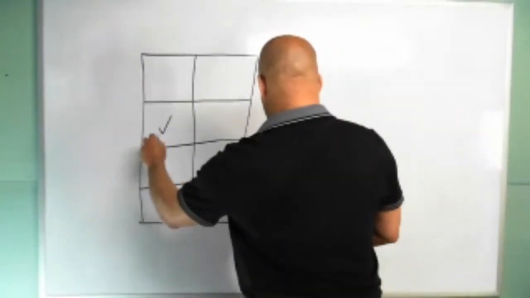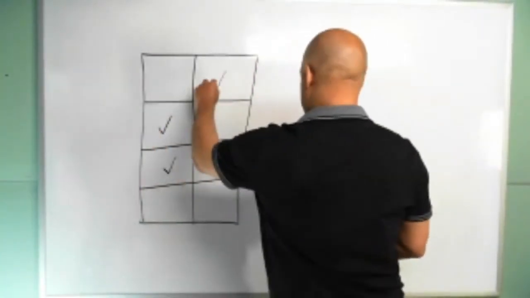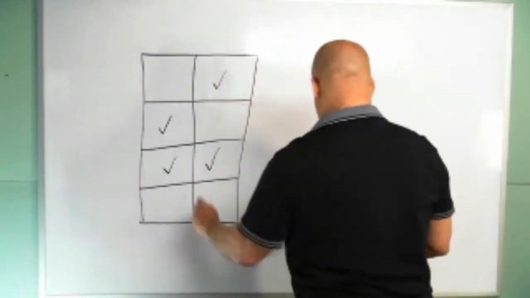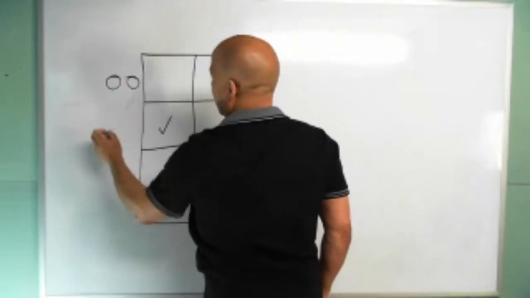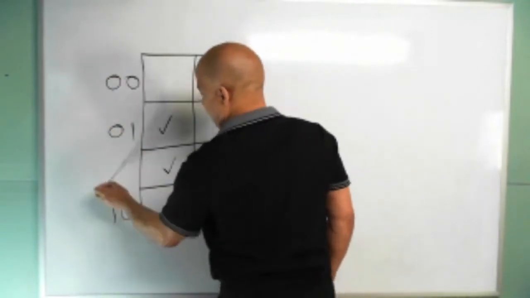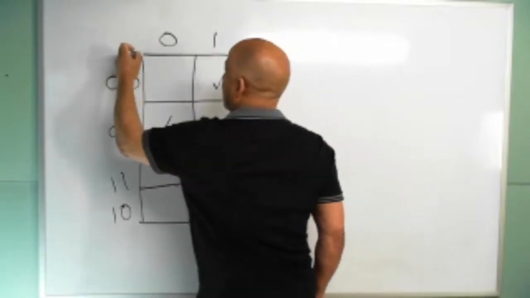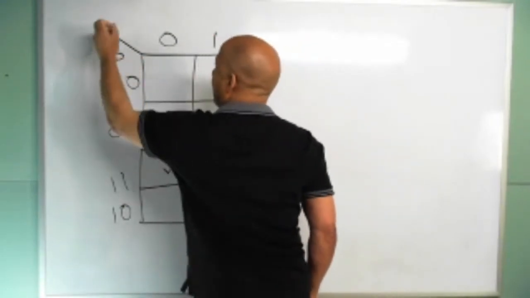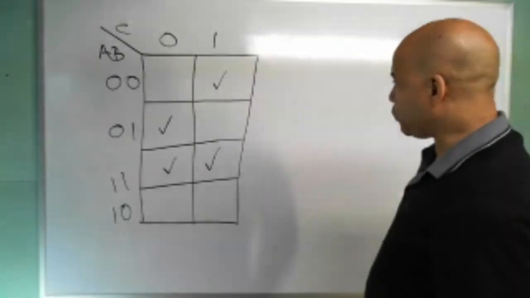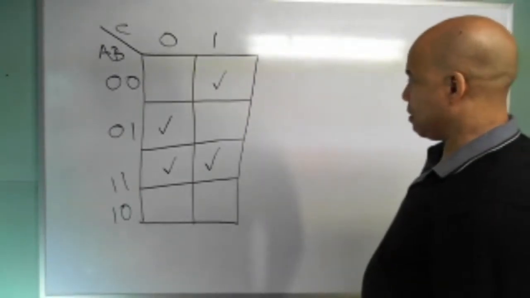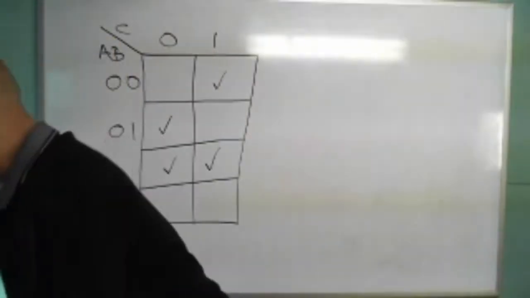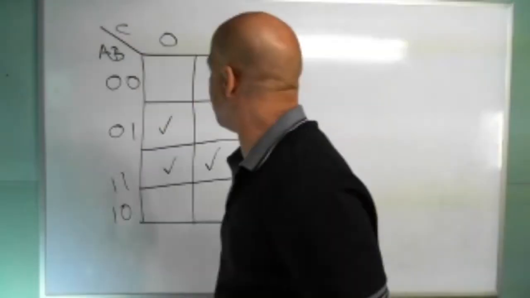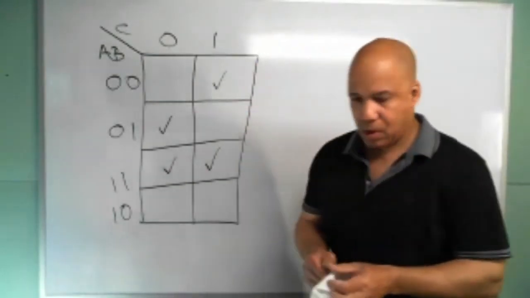All right, so we got that one and that one. And then you put your numbers in and your variables. Okay, so see if you can see how many groups you get from this one.